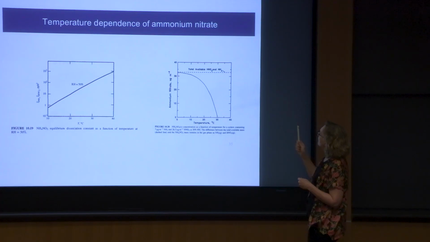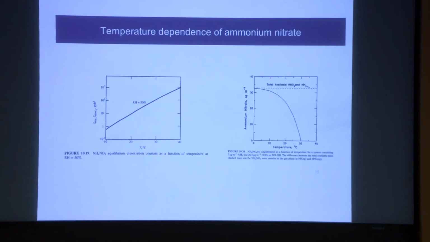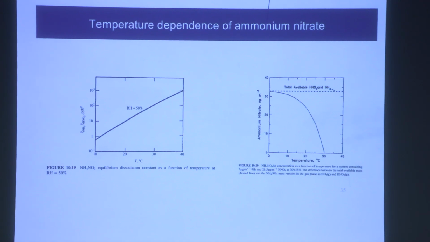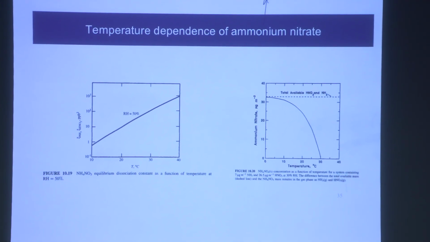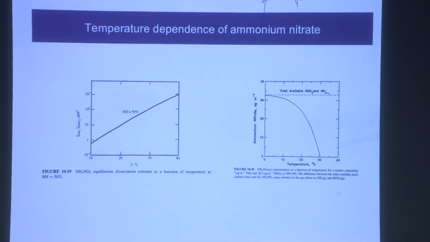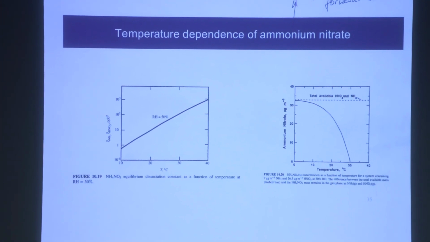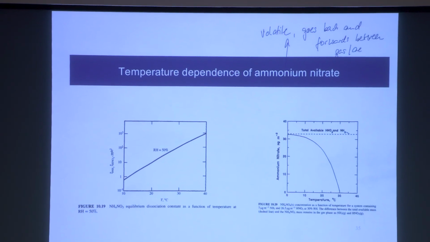So ammonium nitrate is very volatile and goes back and forwards between gas and aerosol.